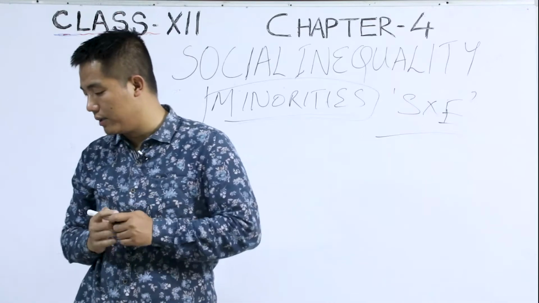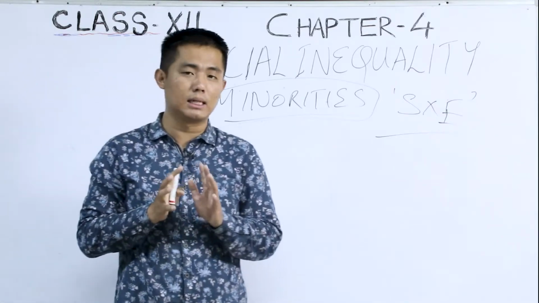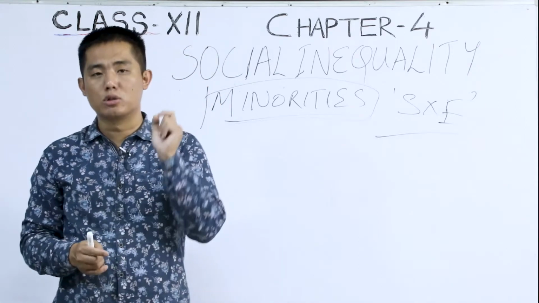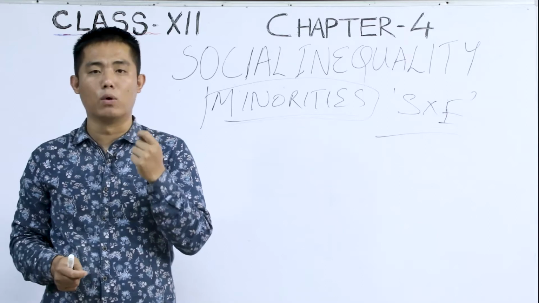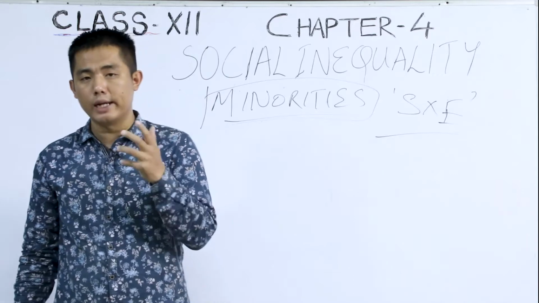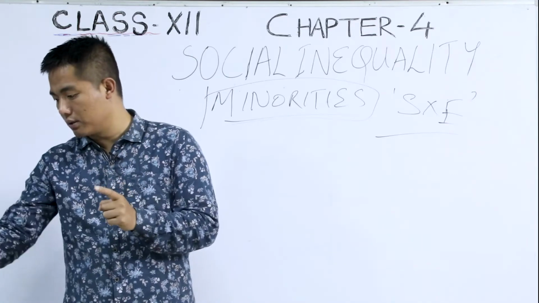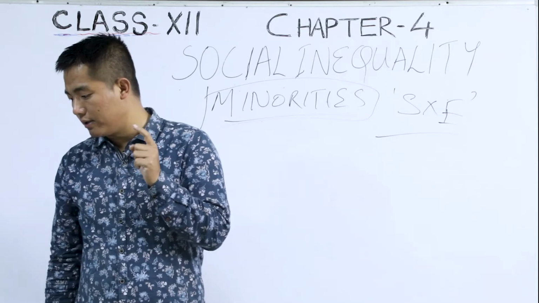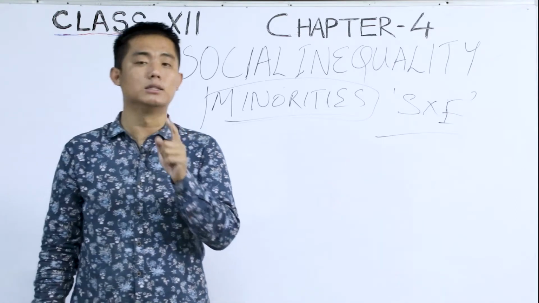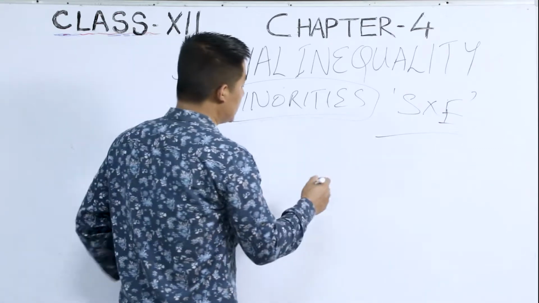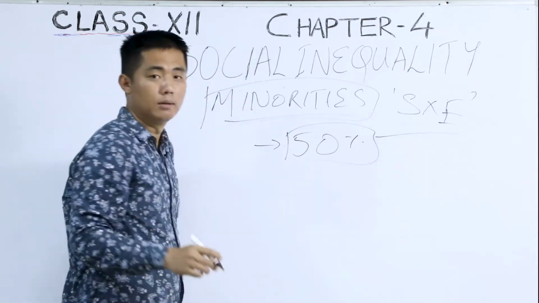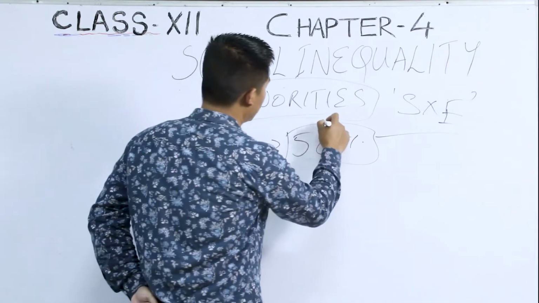In our country, the Constitution of India does not define the term minorities, but the Supreme Court and the High Court do so. They define minorities on the basis of population size: a group whose size of population does not constitute more than 50% is called a minority.